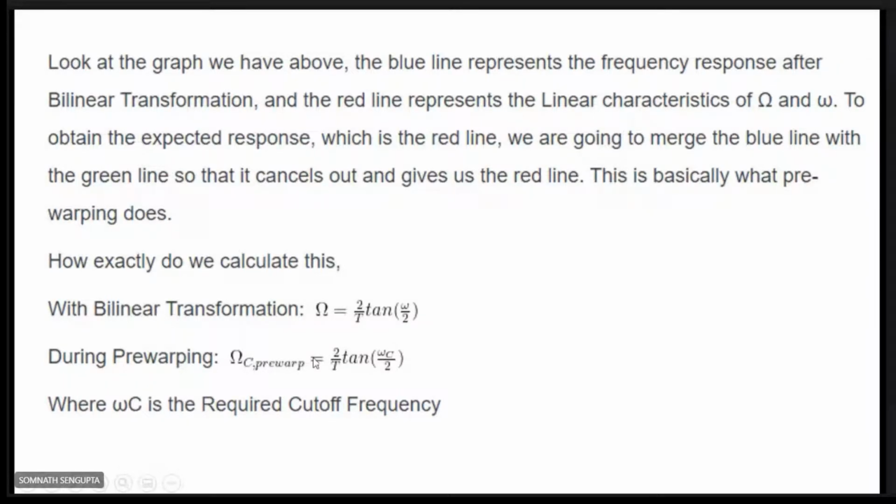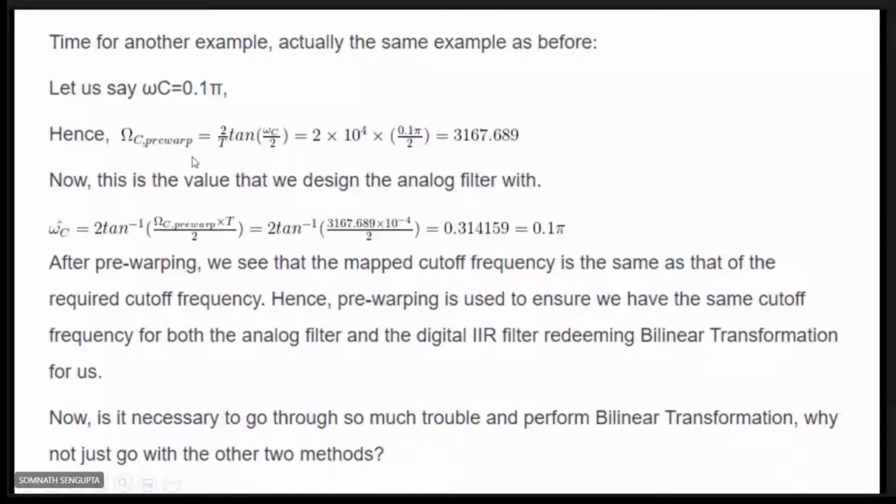Now let us take one example. Let us say omega c is equal to 0.1 pi. That is the desired cutoff frequency. The pre-warp cutoff frequency is 2 by T tan omega c by 2. So we get this value, 3000 something.